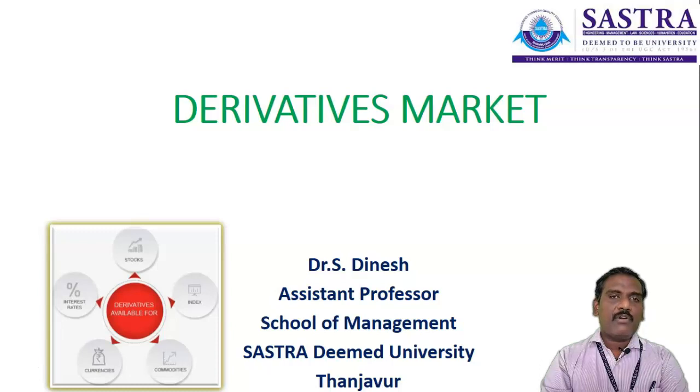It means the value of an asset will be determined based on the underlying asset. Derivatives do not have an independent value, so the value of that instrument is determined based on the underlying asset. That particular instrument is called a derivative.